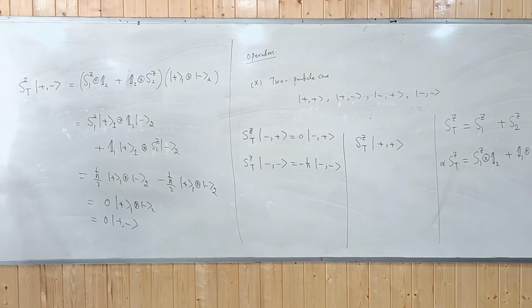Let's say I am giving an arbitrary state and I want you to figure out the Z component of the total spin of that very state. What you will do is simply operate the total S_Z operator on that very state. You will get its eigenvalue, if it is an eigenstate. Clear? Now let's take a general state.